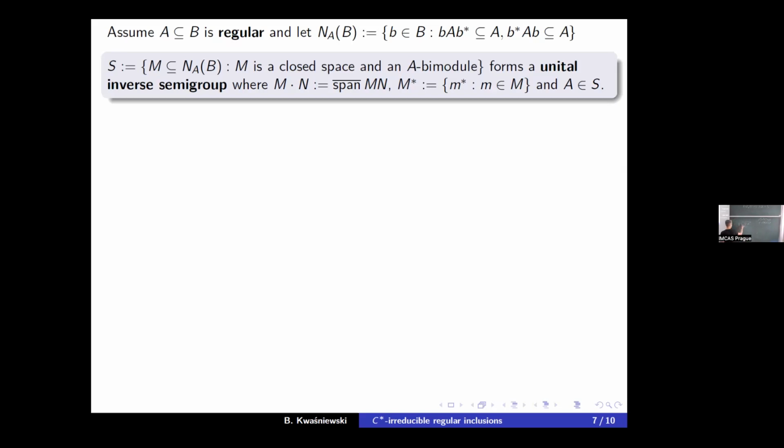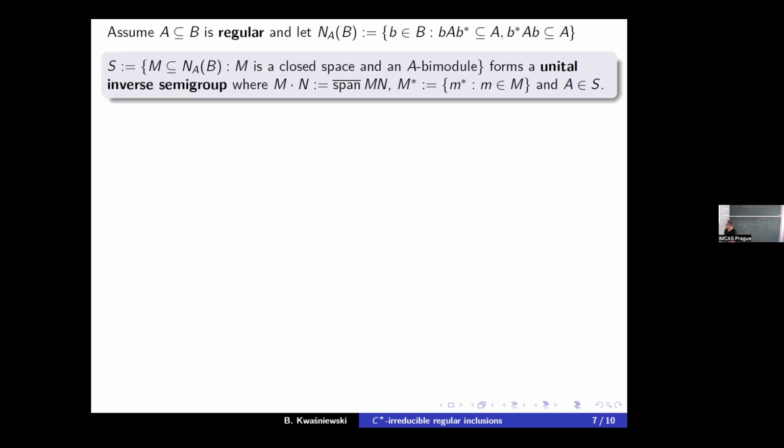These elements in S form a Fell bundle over the inverse semigroup, and so there is a universal algebra for this. This means that we have a natural surjective homomorphism, identity on each of these spaces, from this universal object onto B.